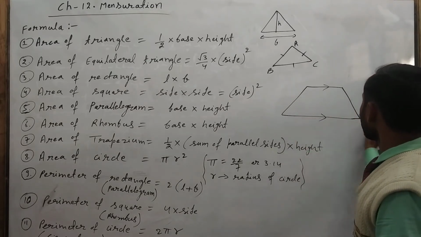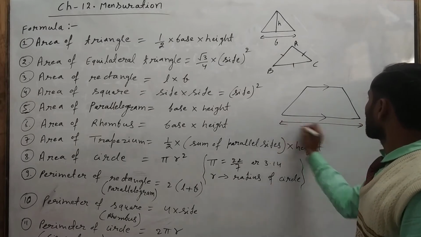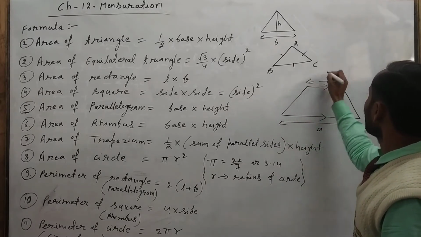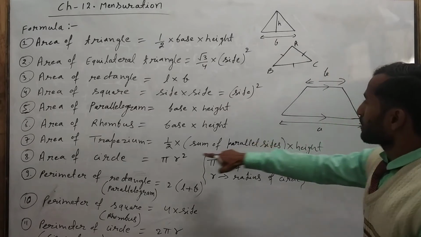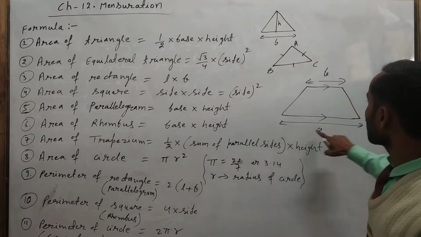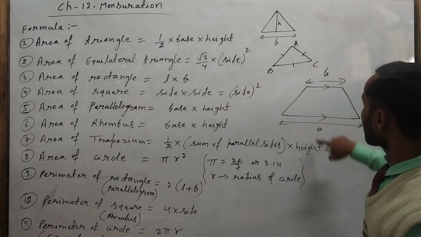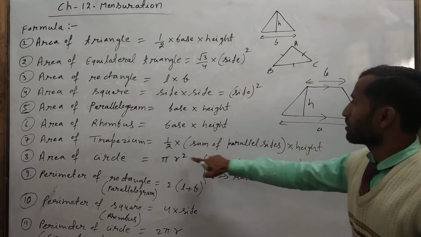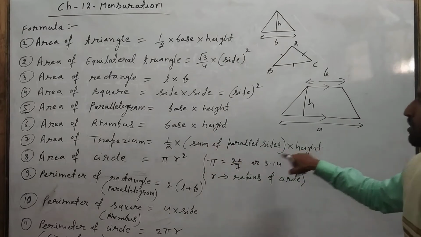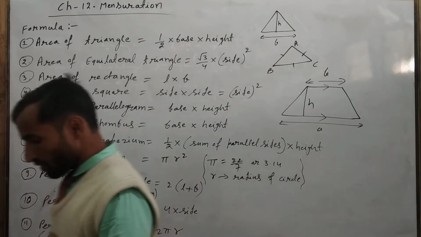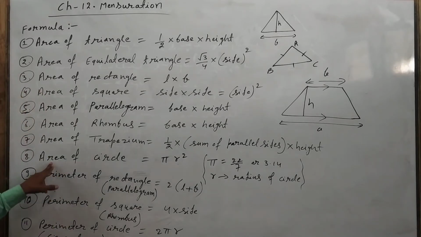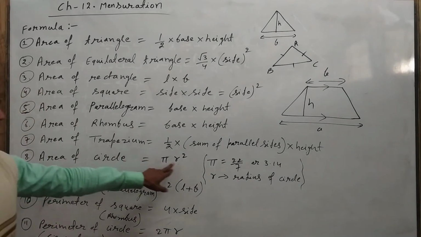This length will be given, suppose A, and this length will be given B. We will use half into the sum of parallel sides, that is A plus B, half into A plus B, and the corresponding height will be given, into height. So area of trapezium equals half into sum of parallel sides into height.